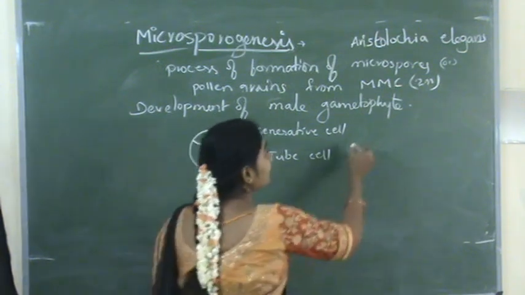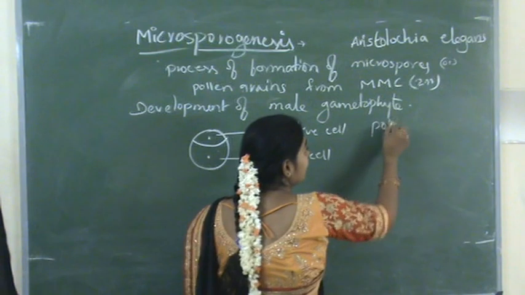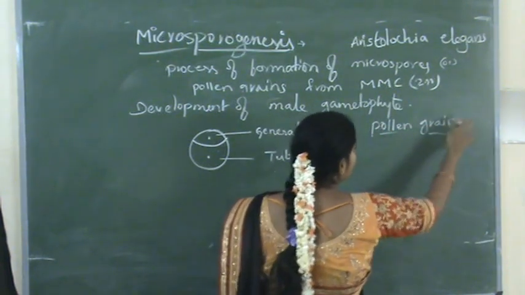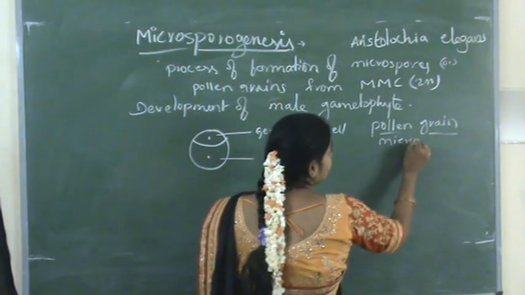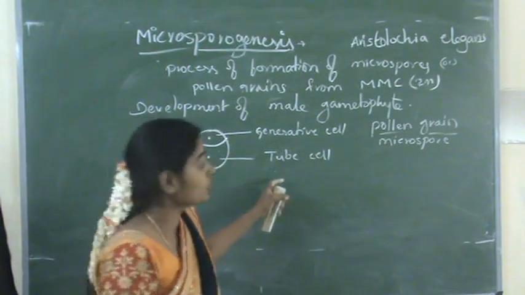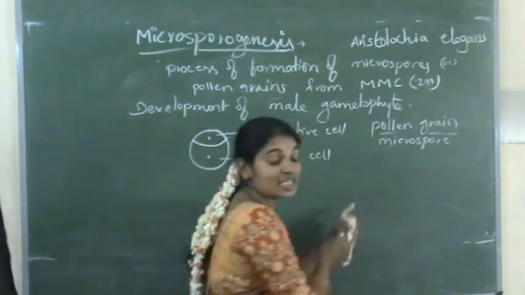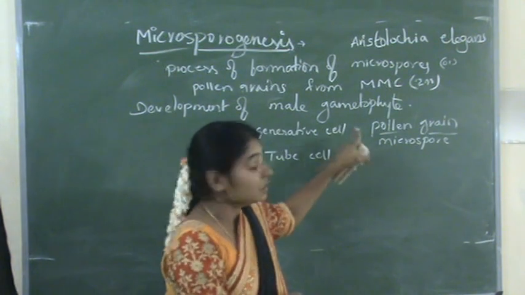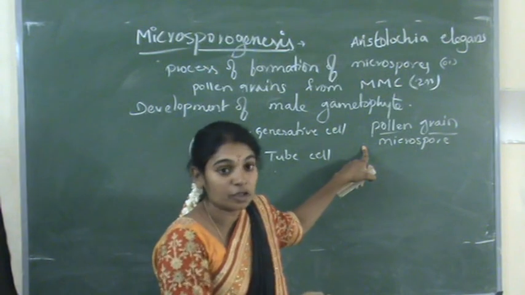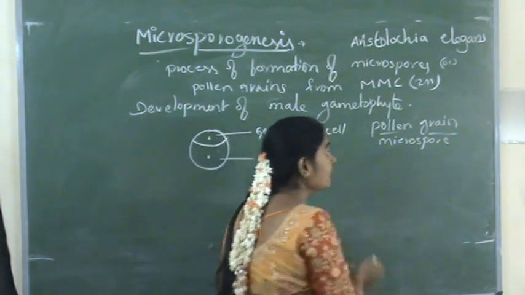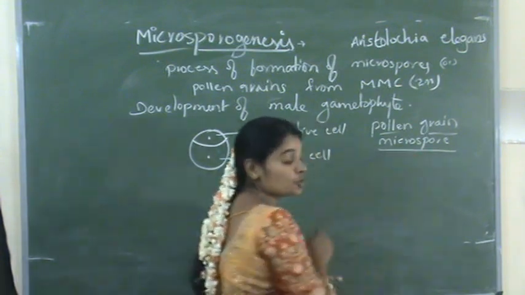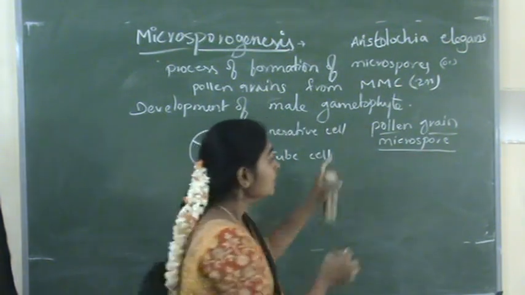So let's recall the structure of the pollen grain or microspore. This microspore is formed from the tetrads. From each microsporangium, 4 spore cells, or tetrads, are formed, and these are called microspores or pollen grains.